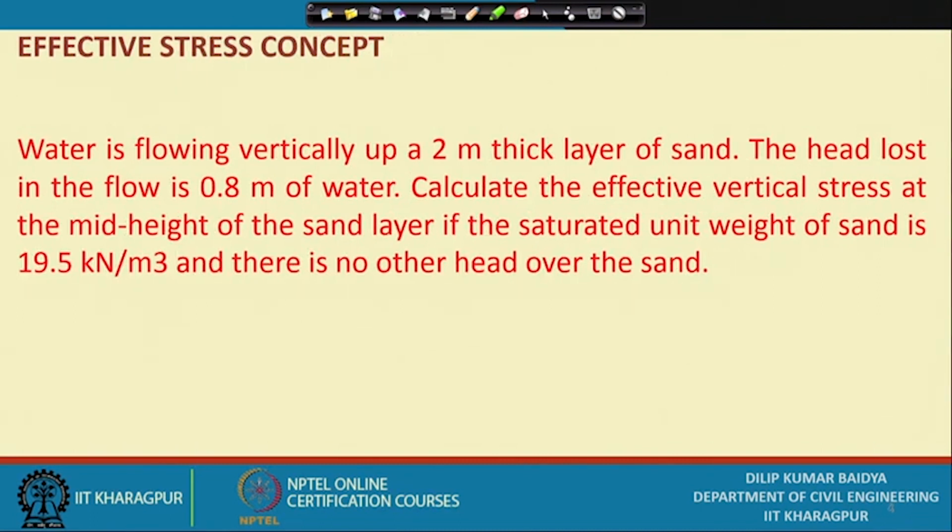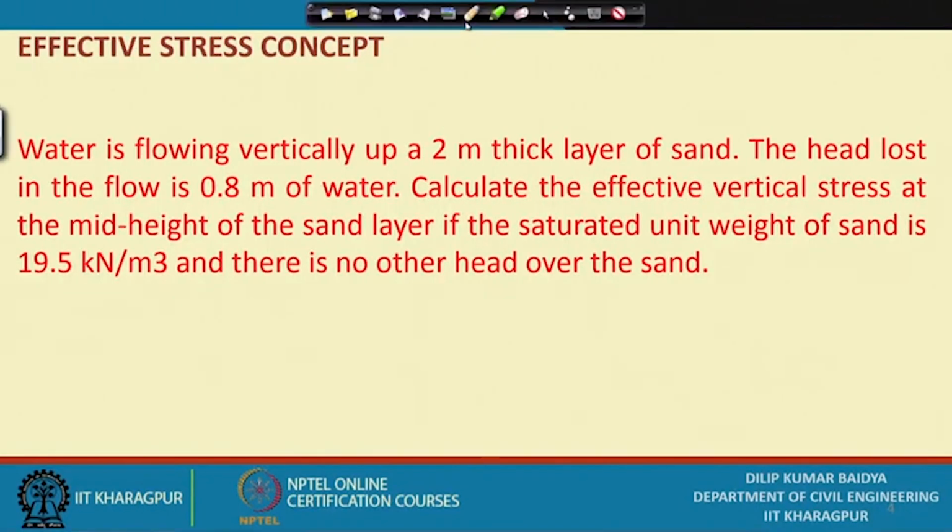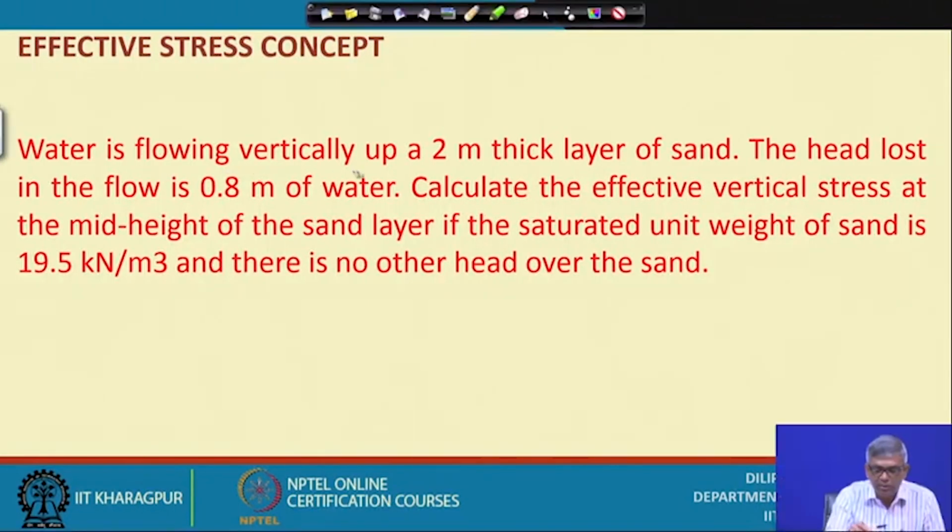This is a problem where water is flowing vertically up. When water flows vertically up, we know that effective stress will be reduced. So, that is the thing I will come to later. For the timing, let me read the problem. Water is flowing vertically up through a 2 meter thick layer of sand.